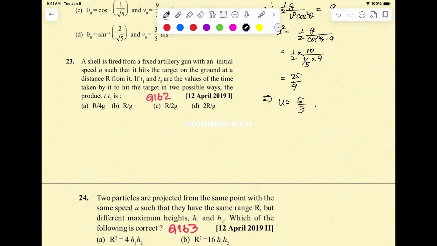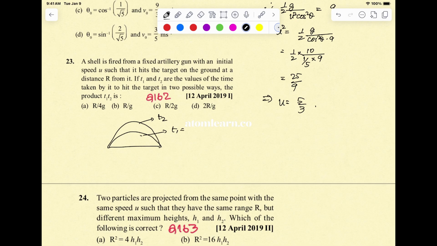Now, this is the same range. There are two theta. One trajectory is like this, the other one is like this. This takes time t1 for the time of flight. This takes t2. Now they are asking what is the value of the t1, t2 product.